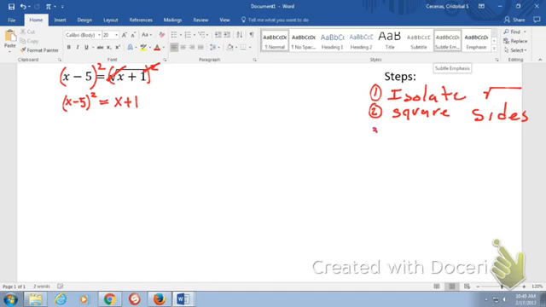So after that, the next step to solve this is to expand. We're going to expand. And that basically means distribute.